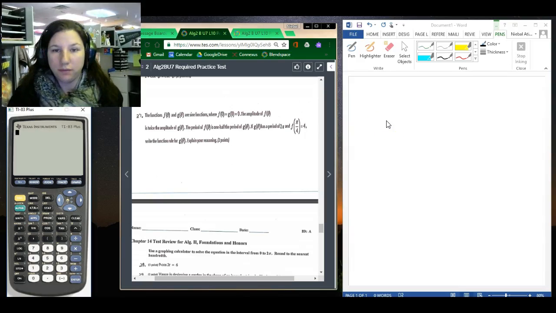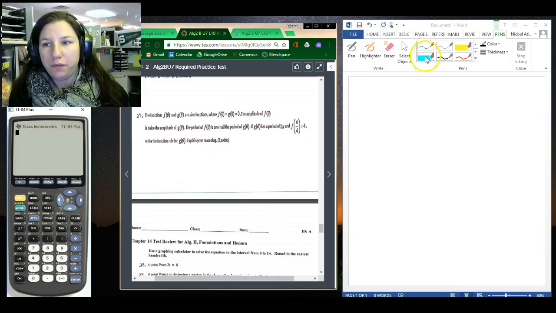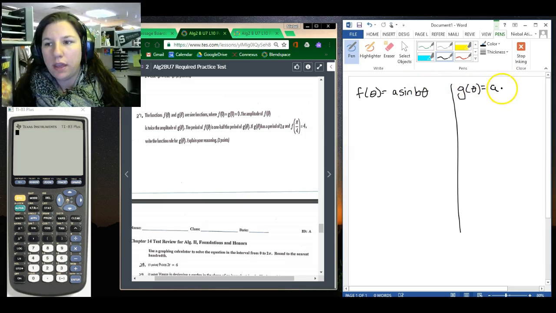Number 27. So we have the functions f of theta and g of theta, and they're both sine functions. So it's going to be a sine b theta, and this one's going to be a sine b theta.